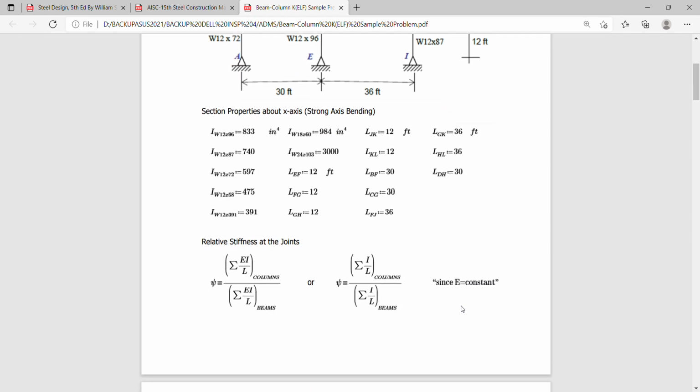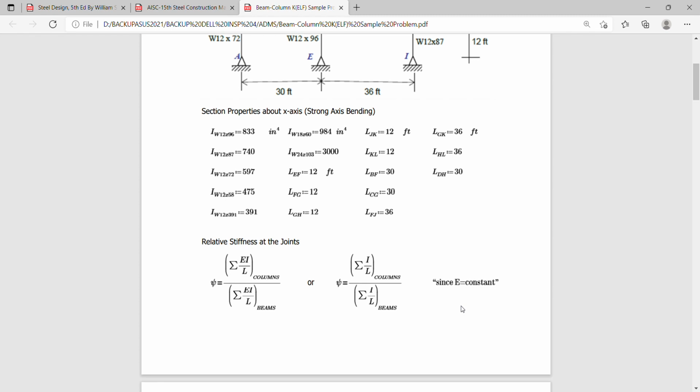The computation for the equivalent length factor K is based on the determination of the relative stiffnesses of the columns with respect to the beams at a certain joint.